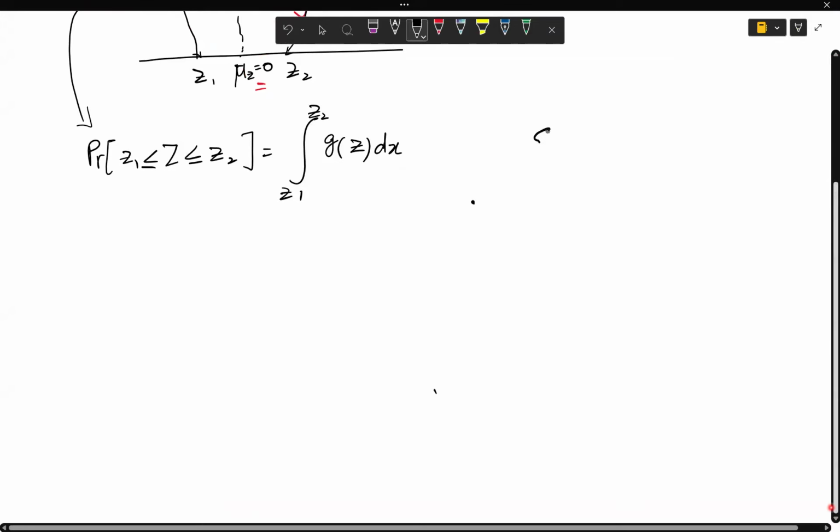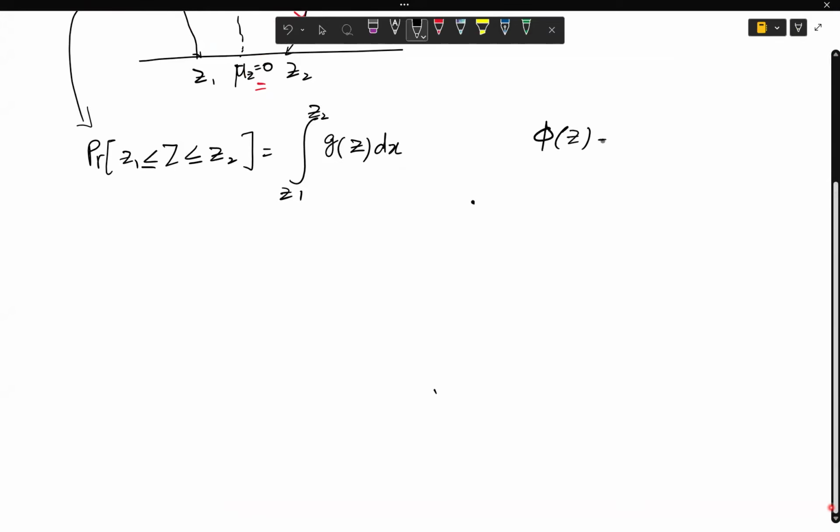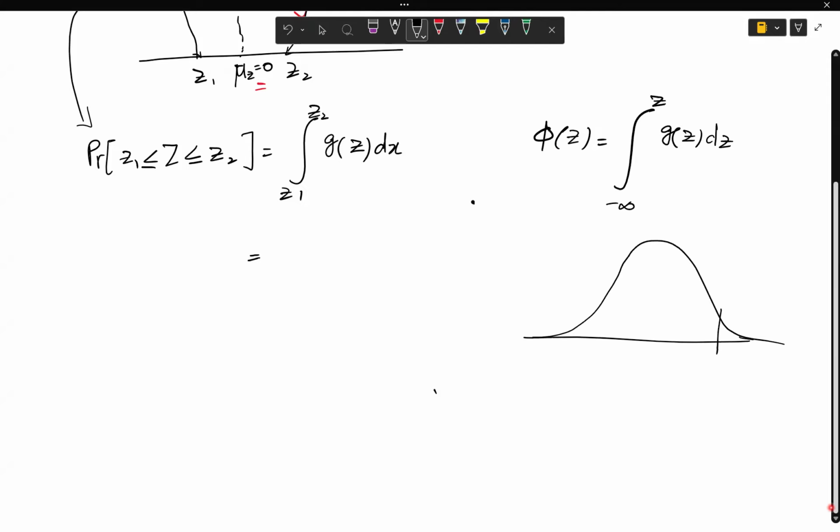We recall that phi of z was an integral from minus infinity to a z value of the standard normal distribution. In our case, we have a higher z2 value. So phi of z2 will give us the whole area under the curve from minus infinity to the z2 value.